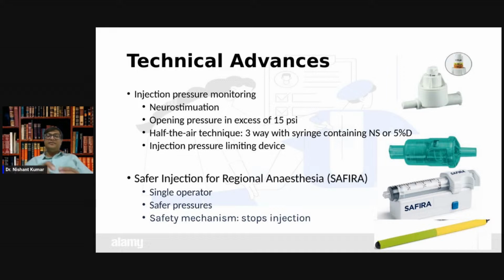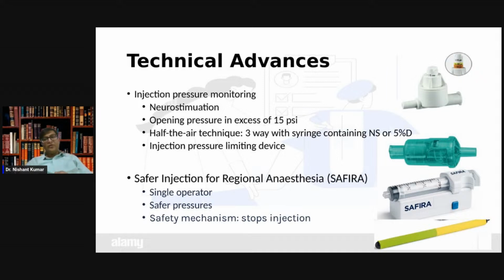So, as I said, the neural injury is not just by the needle injury, it is mainly the pressure or the local anesthetic which we are injecting that can also cause nerve injury. So it is very important that we monitor the pressure at which we are injecting the drug. So again, neurostimulation.